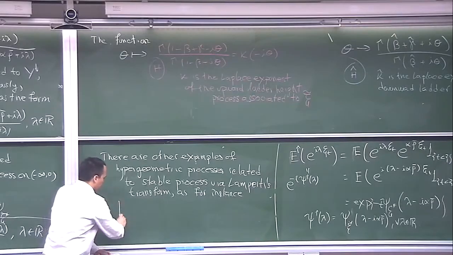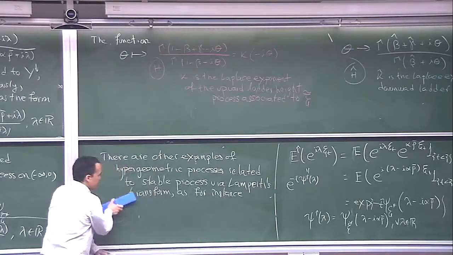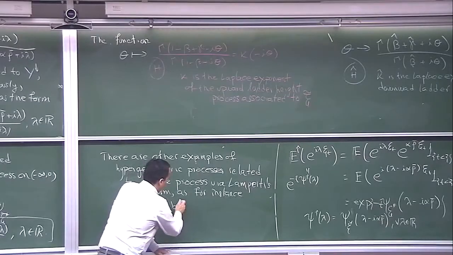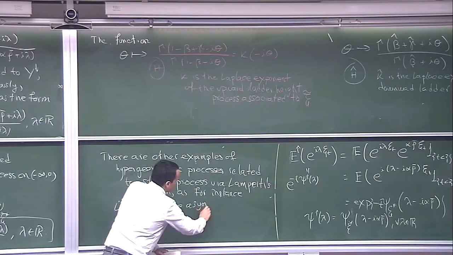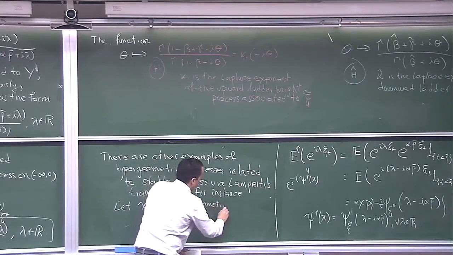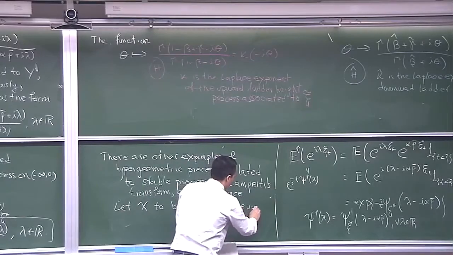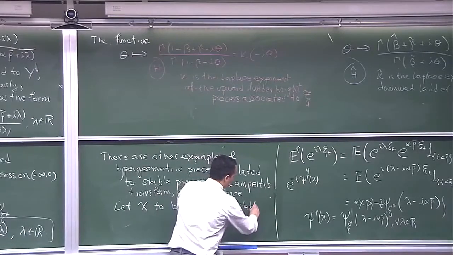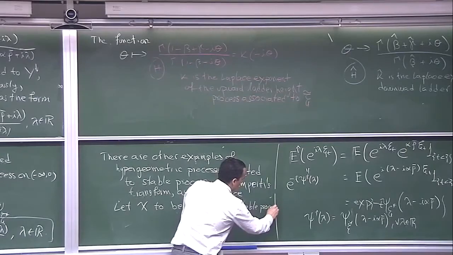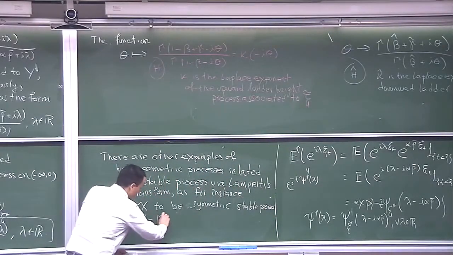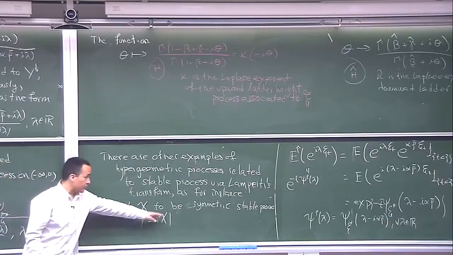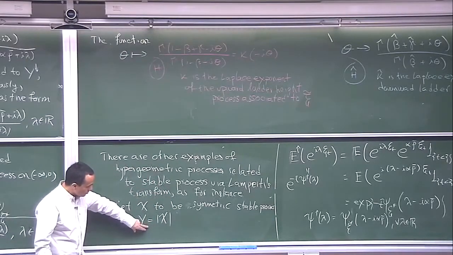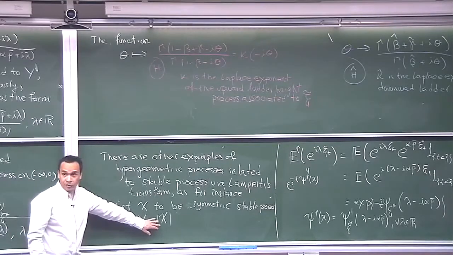if we take x to be a symmetric Lévy process, a stable process, and if you take y to be the absolute value of x, the norm of x, because of the symmetry this process is positive and Markovian, okay?